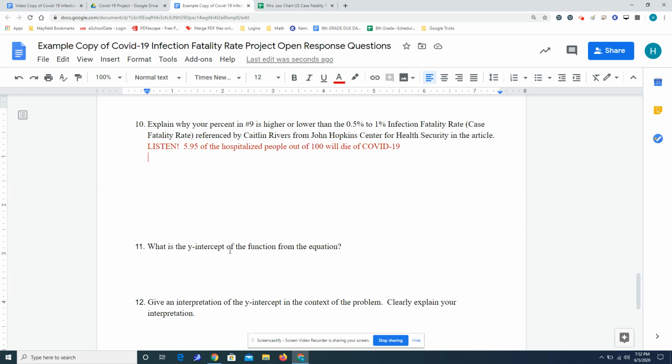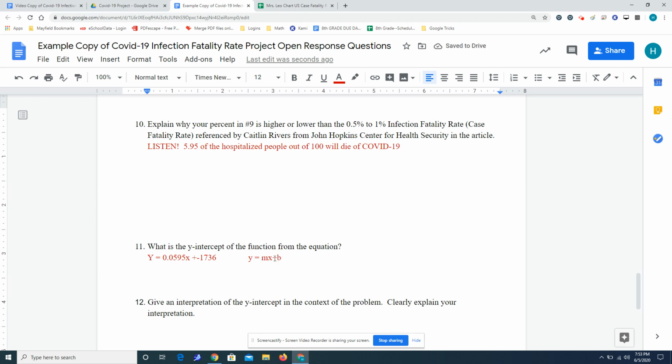11. What is the y-intercept of the function from the equation? So, once again, we're going to use our equation. Okay. And we also need to remember y equals mx plus b.